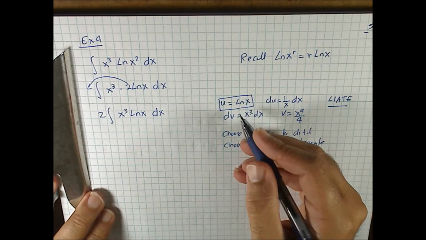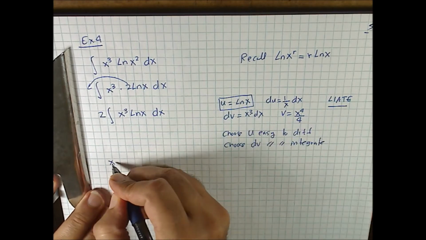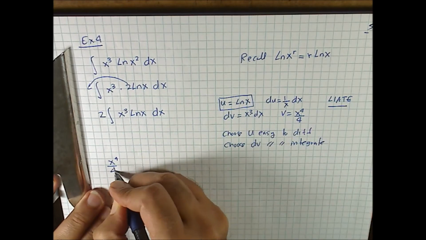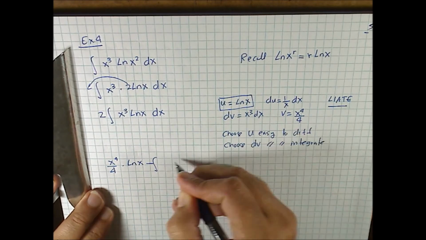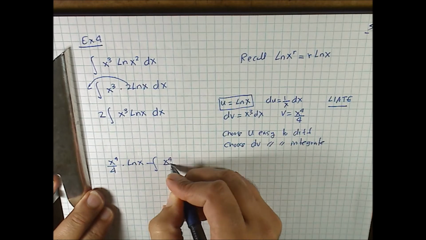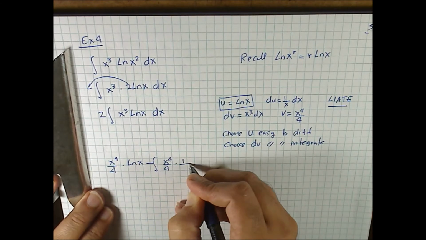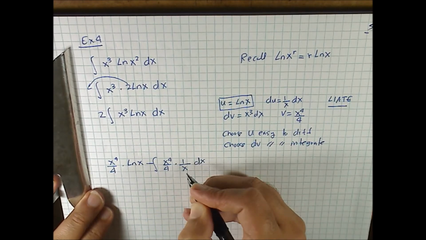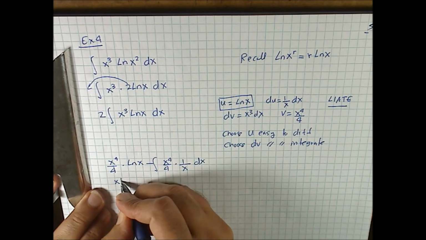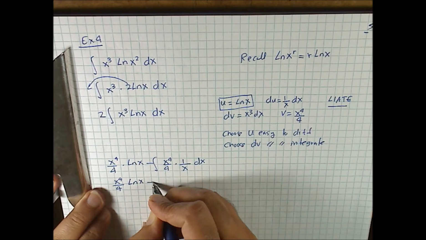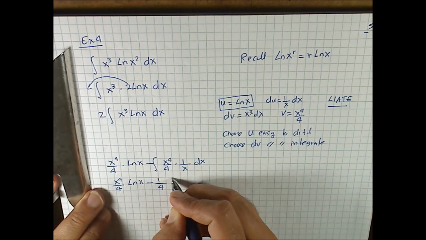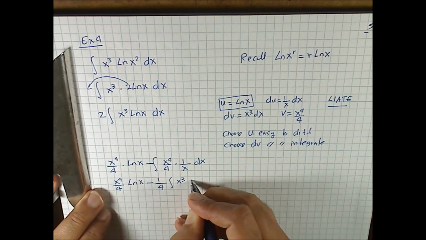We get u times v, that's x to the 4th over 4 times log x, minus the integral of v, that's x to the 4th over 4, times du, which is 1 over x dx. And we get x to the 4th over 4 log x minus 1/4 integral x cubed dx.